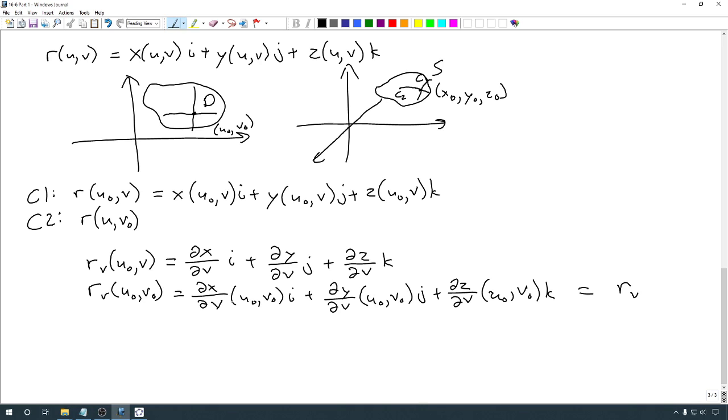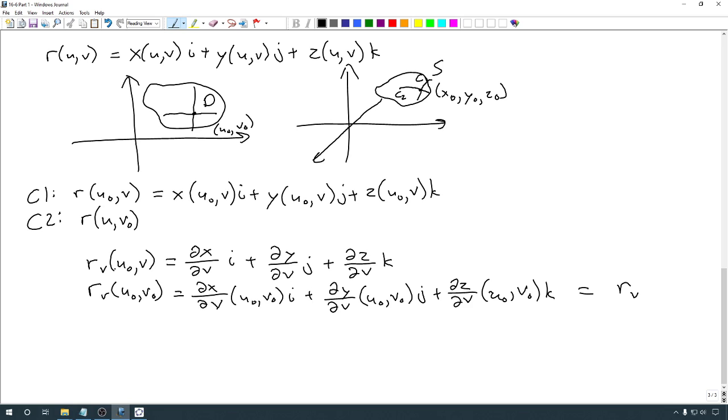All it's really saying is that we've taken the derivative with respect to v. We'll suppress the u naught, v naught, just because it can get messy when you've got a lot going on. And we're going to be using this vector pretty frequently.